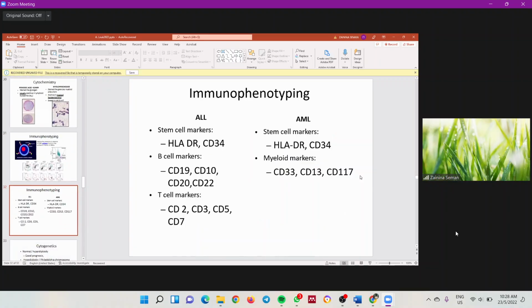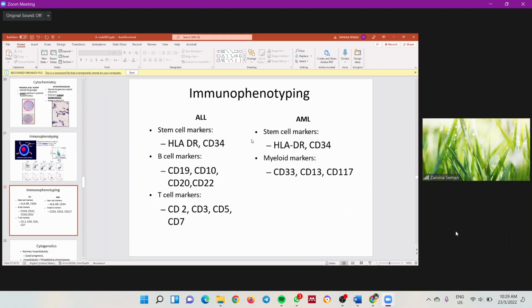For example, like this one, we have all these antibodies. And from the antibody-antigen reaction, we will be able to classify whether the patient has ALL or AML. ALL is then further divided into either B-ALL or T-ALL, depending on the cell markers, depending on the antigen that the blast carries.